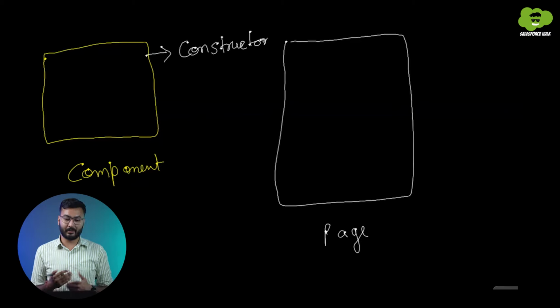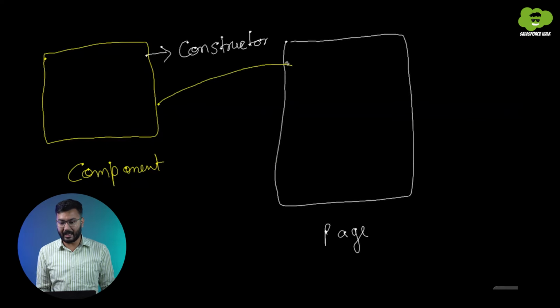So once Salesforce is initializing that component, the first stage or first hook that will be called is the constructor. Now, after that, this particular component will be put into that page.